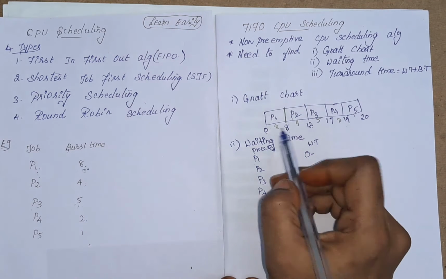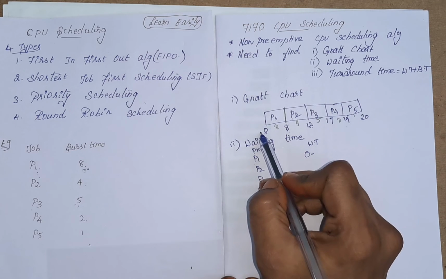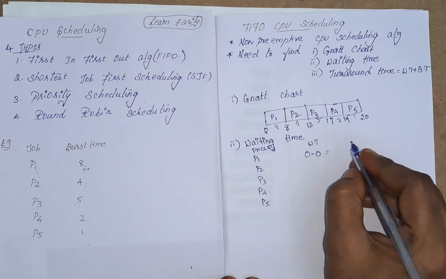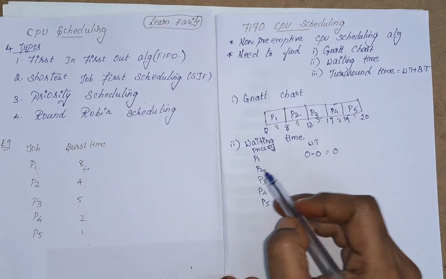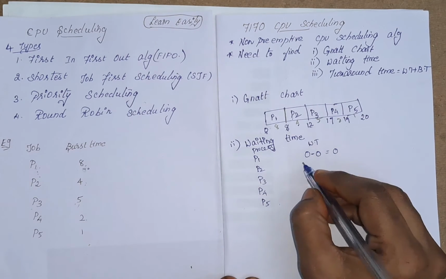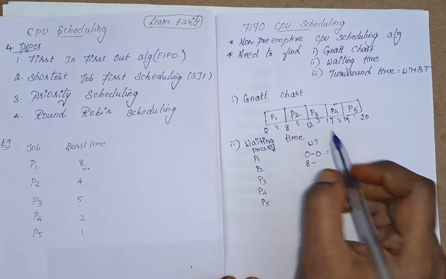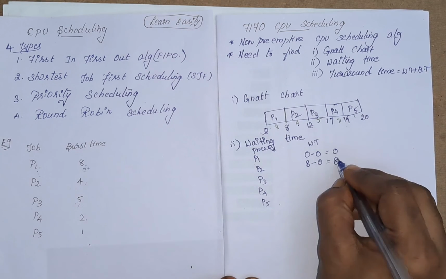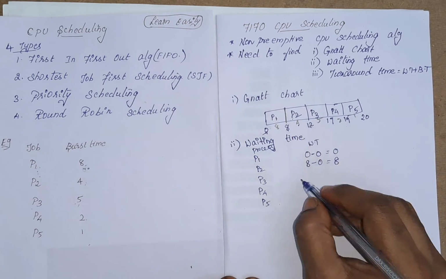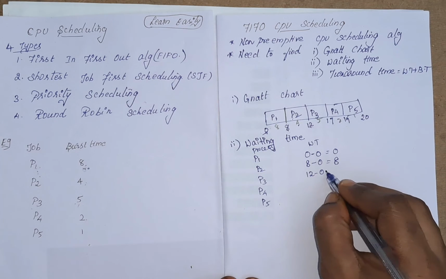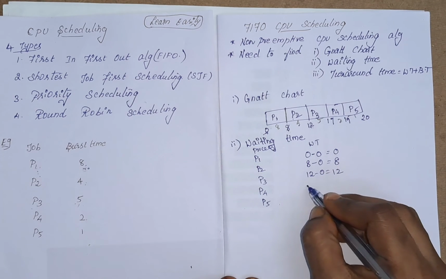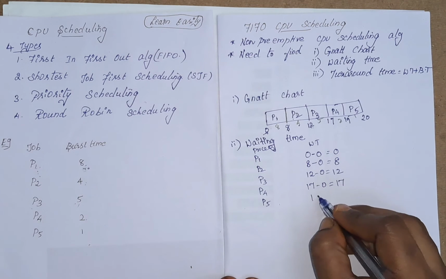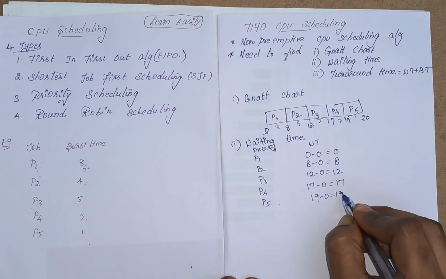No, it initially starts with 0, so the waiting time of P1 is 0. P2 starts at 8 and the initial waiting time is 0, so 8 minus 0 is 8. P3 starts at 12, so 12 minus 0 is 12. P4 is 17 minus 0, 17, and P5 is 19 minus 0, 19.